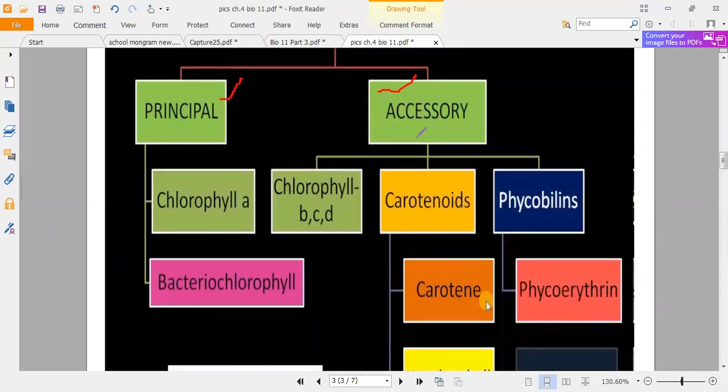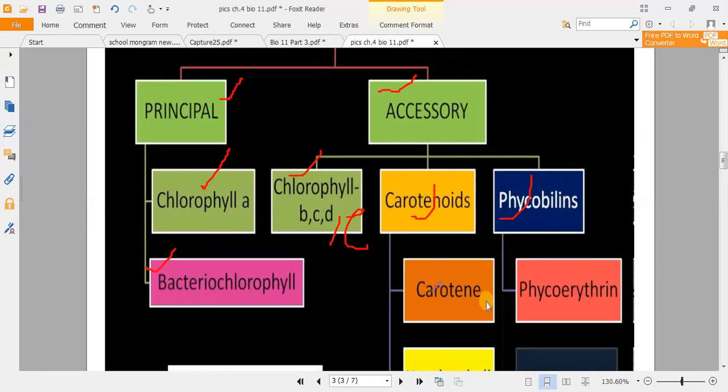The very important one is chlorophyll: chlorophyll A in green plants, and bacteriochlorophyll in bacteria in place of chlorophyll A. The accessory pigments, which help chlorophyll A with the proper absorption of light, are chlorophyll B, C, D, and up to E also, carotenoids and phycobilins.